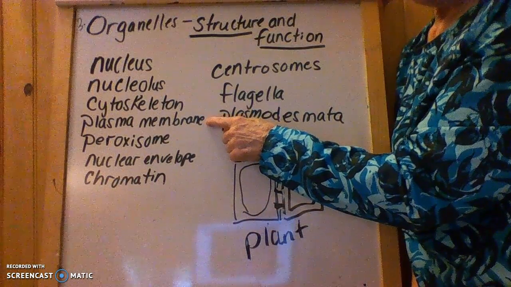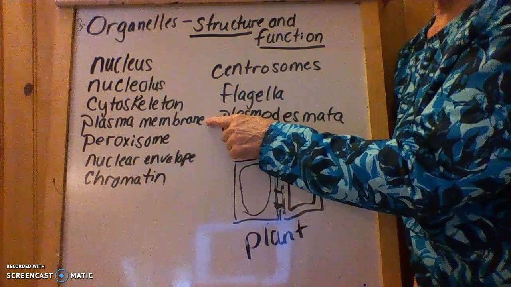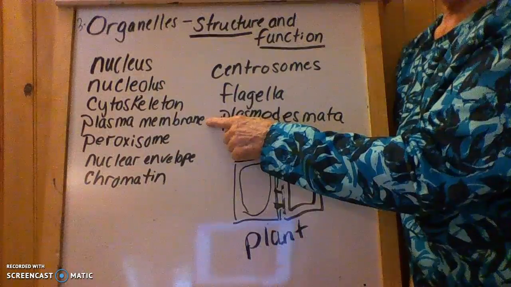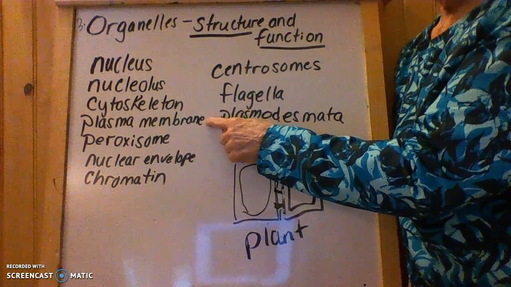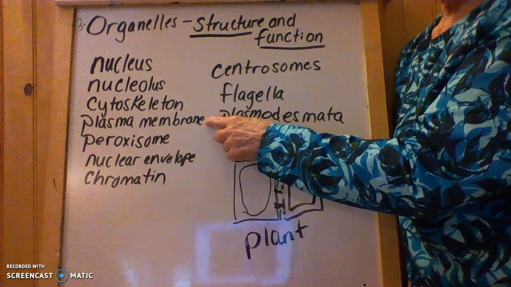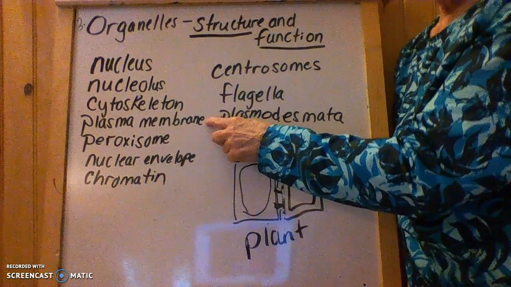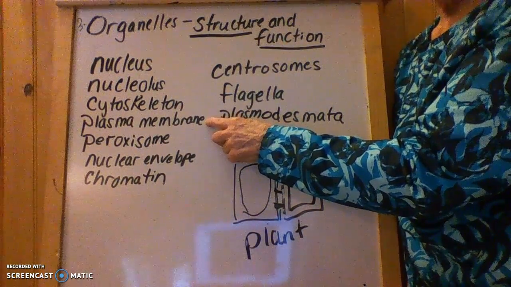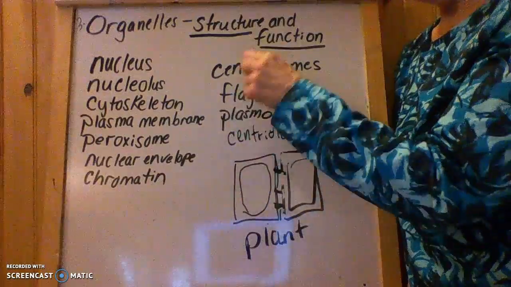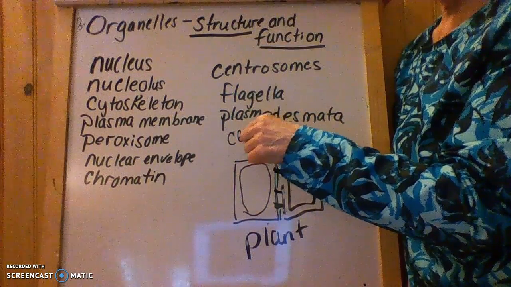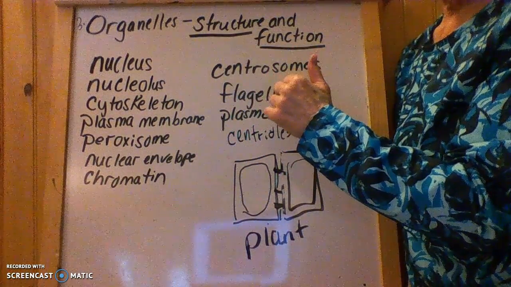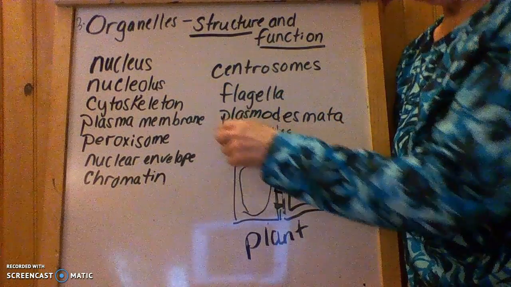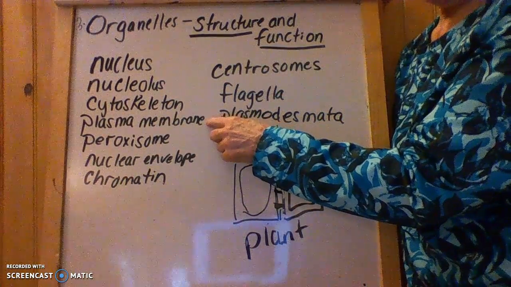The plasma membrane is what controls, through channel proteins and ion-gated channel proteins, what comes in and out of a cell. And remember, the parts of that are the heads, the tails, again, the proteins that go through that plasma membrane that allow things in and out. And on top of that would be glycoproteins and glycolipids. So we're going to spend quite a bit of time with that plasma membrane.